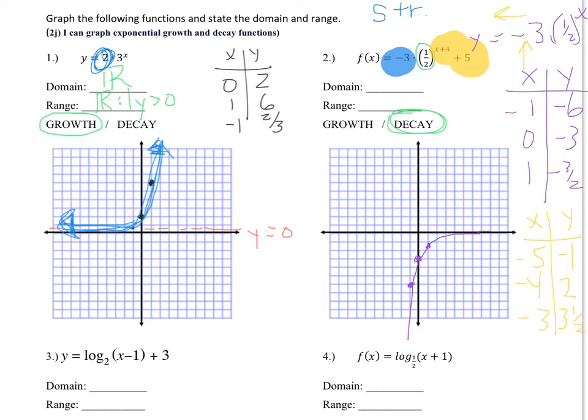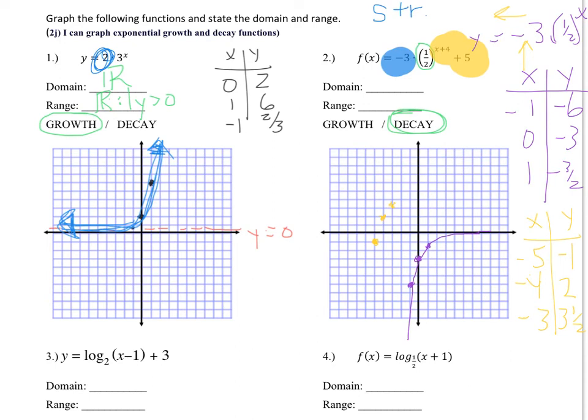So now I can plot these yellow points, and from there do the best I can with a curve. So -5, -1 puts me here. -4 and 2 puts me here. And -3, 3.5 puts me about here.